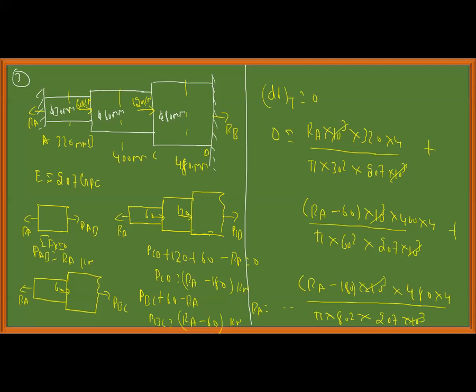Sir, in the calculator we cannot do such lengthy ones. What you can do, take 207 into 10 power 3 throughout, it is completely 0.